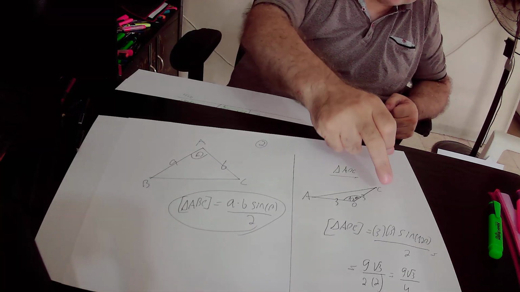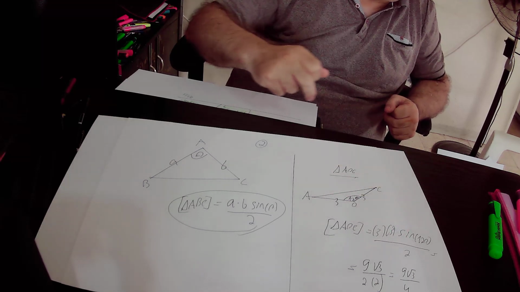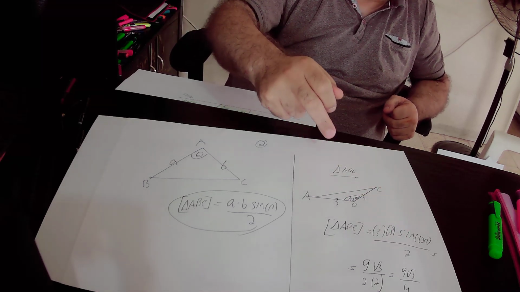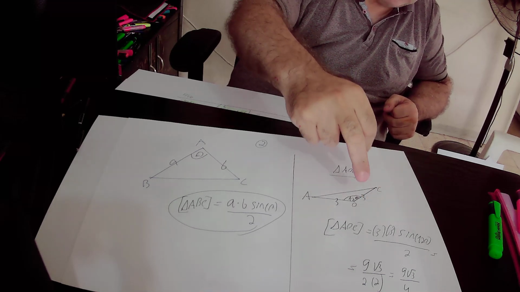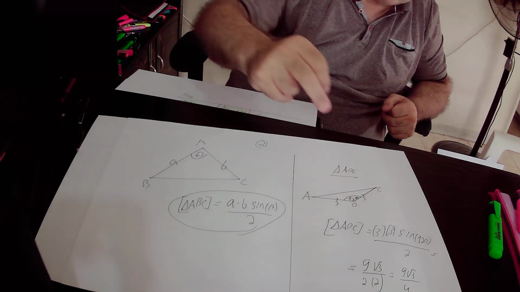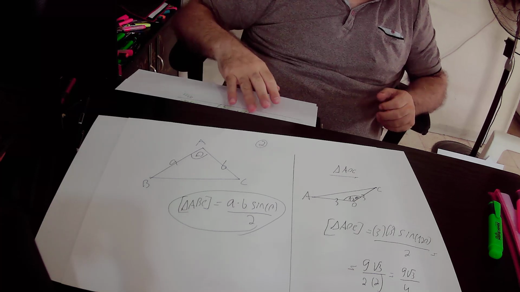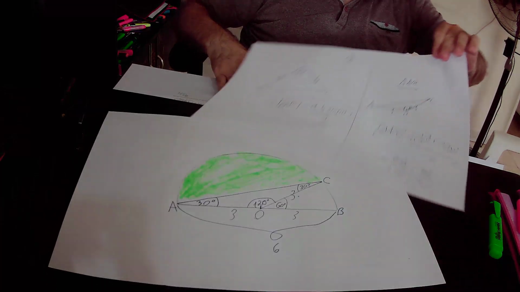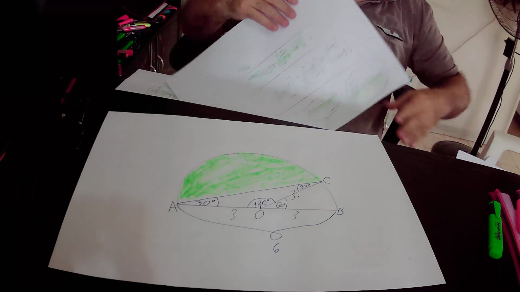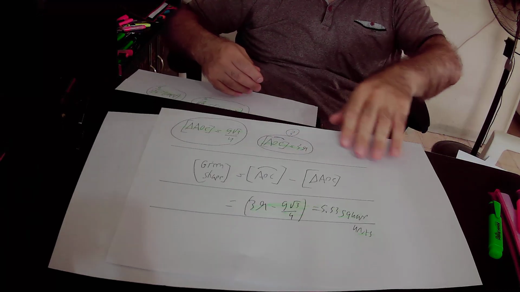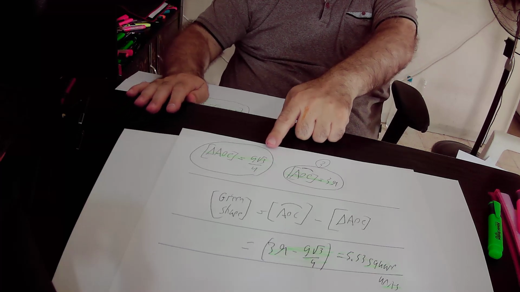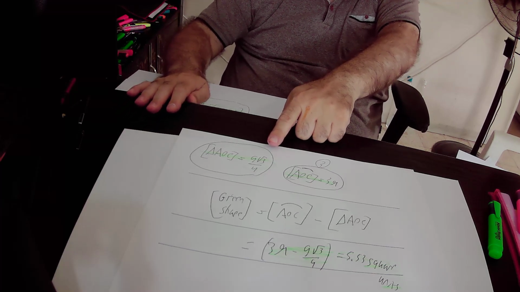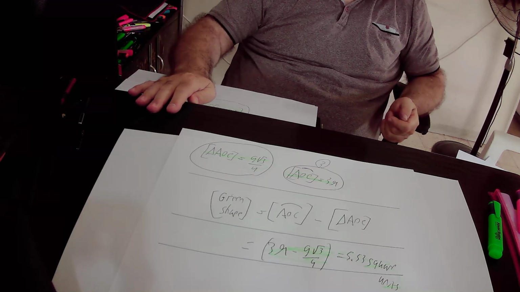Sine 120 degrees is square root of 3 over 2, all divided by 2. So in the numerator we have 9 times square root of 3. In the denominator we have 2 times 2, that is 4. So in conclusion, we found out that the area of triangle AOC equals 9 times square root of 3 over 4 square units.